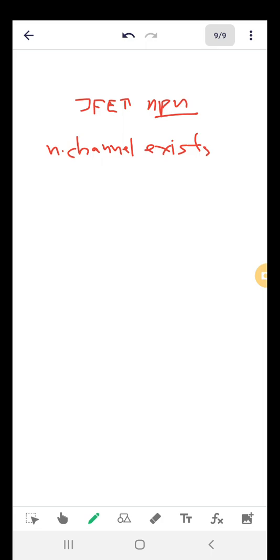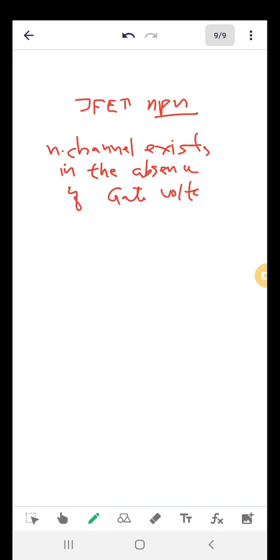And JFET stands for the junction field effect transistor. For example, if we are talking about an N-channel junction field effect transistor, there is an N channel existing in the absence of gate voltage.